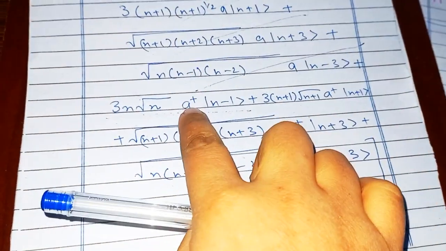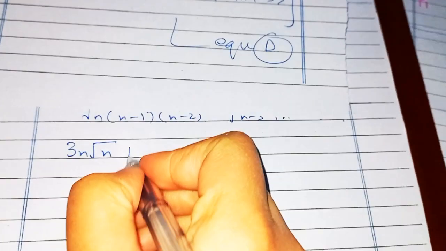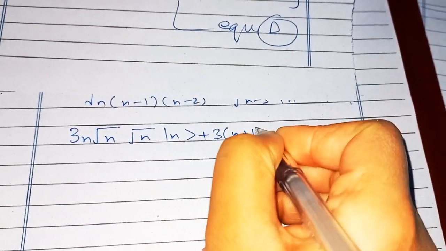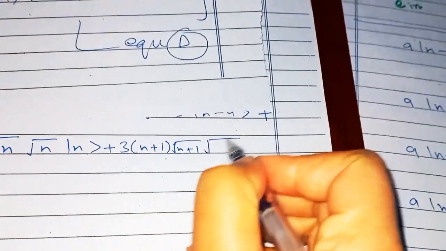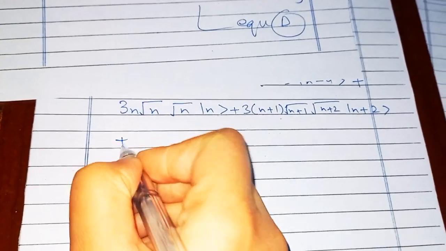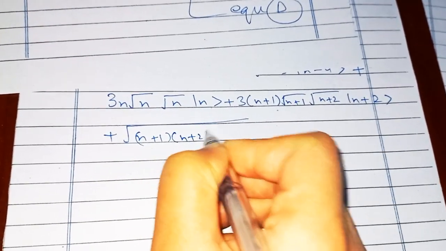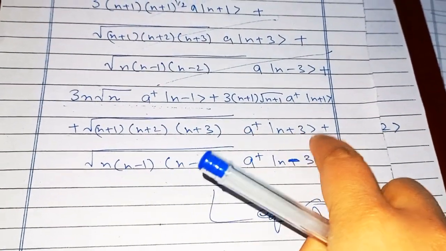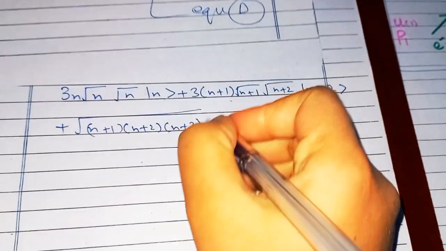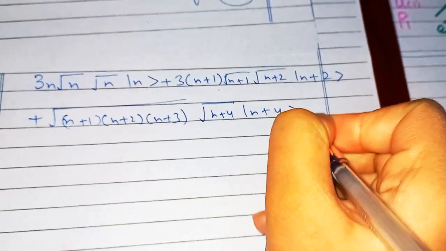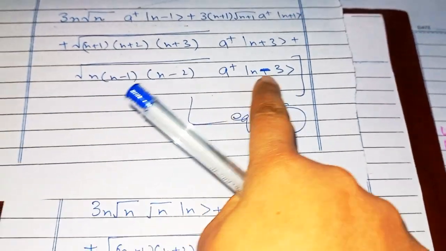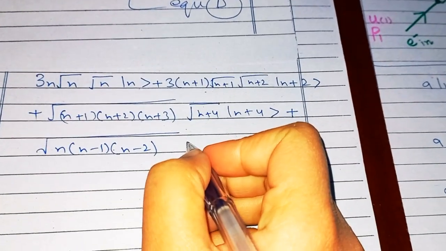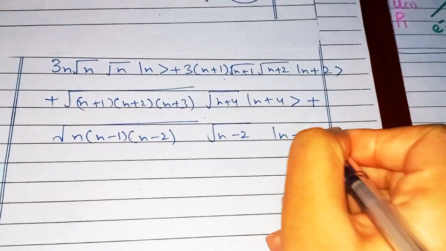Now we have this term, it's 3n under root n, and the raising operator applied on n minus 1, which equals under root n into n ket, plus 3 into n plus 1 into under root n plus 1, and we have this raising operator applied on n plus 1 ket, which equals under root n plus 2, and ket n plus 2 as well, plus this whole under root thing, n plus 1 into n plus 2 into n plus 3, and we had the raising operator applied on n plus 3, which equals under root n plus 4 ket, plus the last term finally, the raising operator applied on n minus 3, which equals this: n minus 2 and n minus 2 is the ket, bracket closes.